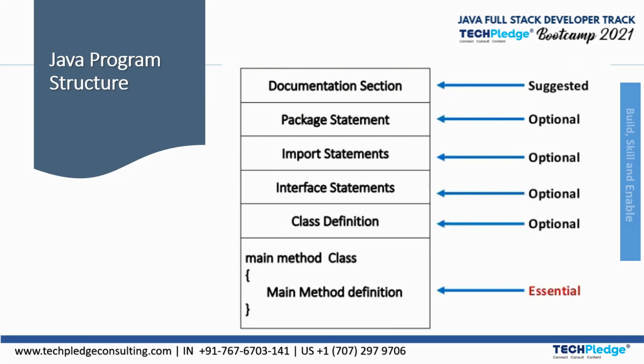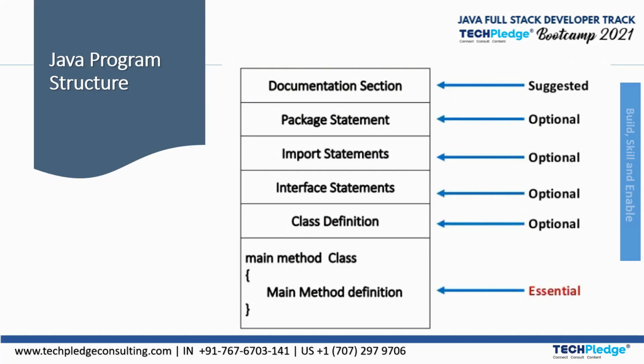What you include in the documentation section is the name of the author. If I am the author, I'll be writing @Sampita, that I'm writing the code, or else what kind of program it is. Suppose it's a basic addition program, so in the beginning within a comment section, I'll mention that this is a program to add 2 numbers.